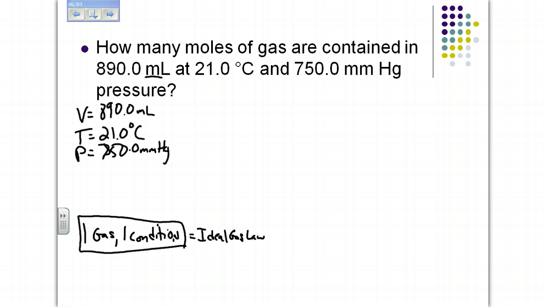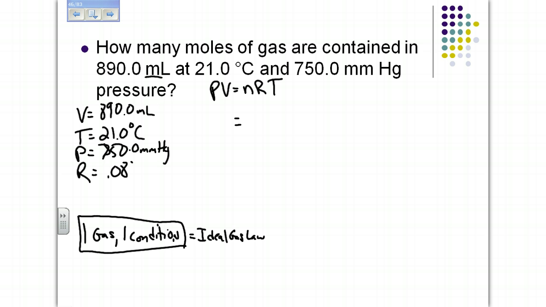All of the other gas laws that we looked at were talking about one gas under two different sets of conditions. That's why we had an equal sign, with the variables equal on each side of the equation. Now, since we have one gas, one condition, we know it's the ideal gas law, PV equals nRT.